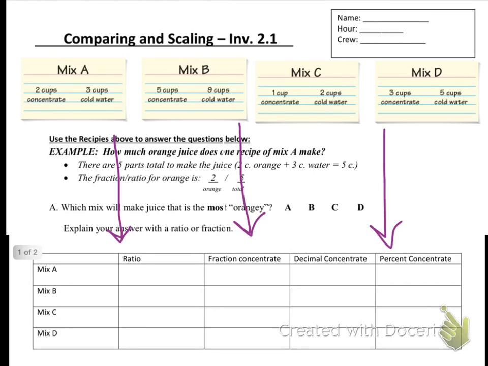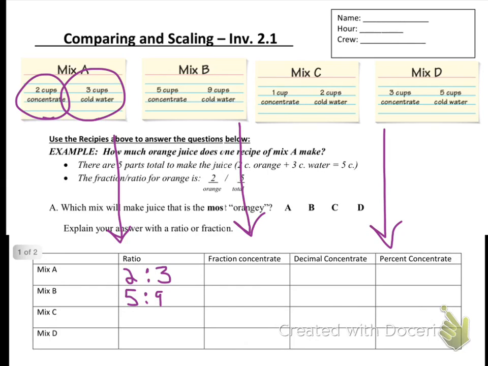So we're going to start out with mix A. Mix A needs 2 cups of concentrate for every 3 cups of cold water. So we're going to make a ratio of 2 to 3. And mix B requires 5 cups of concentrate for 9 cups of water.